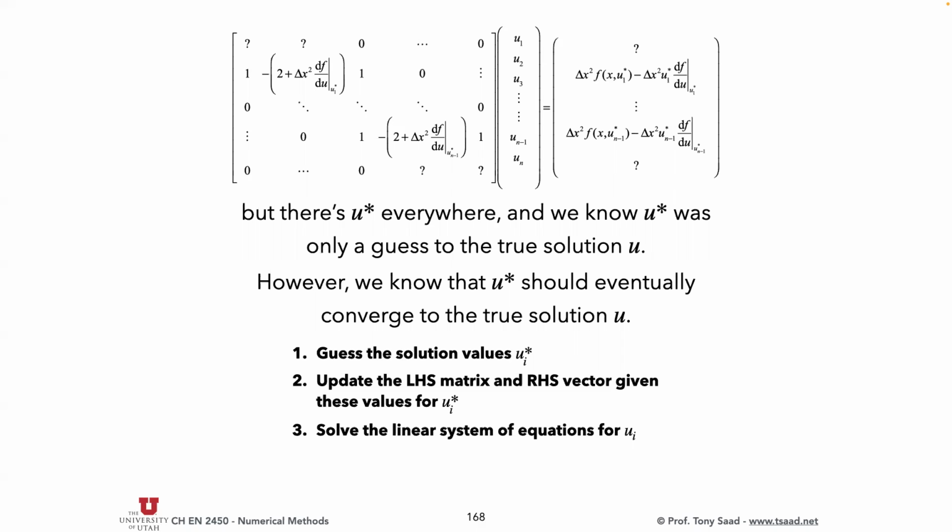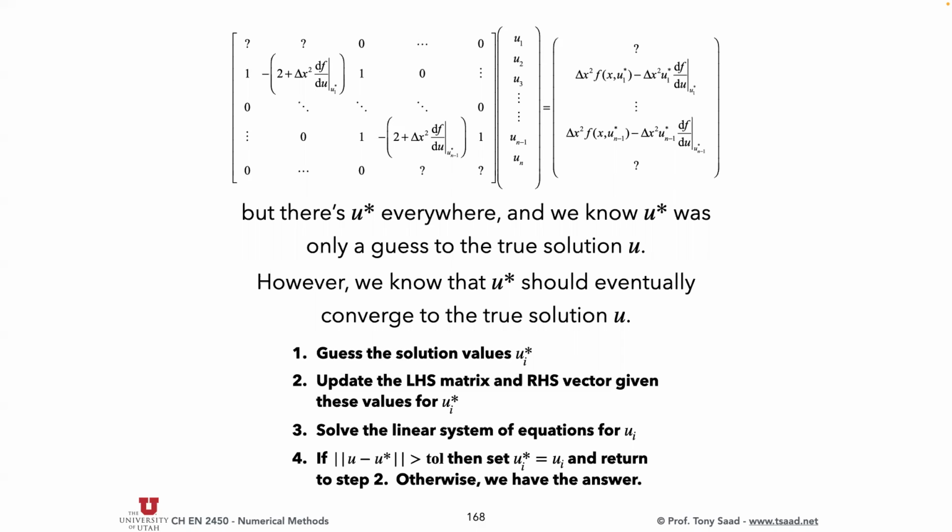Now ask yourself, how far is my new solution compared to the guess, not the initial guess, because you're improving. You repeat until you reach a certain tolerance, and then you stop iterating, just like we did with a single nonlinear equation.